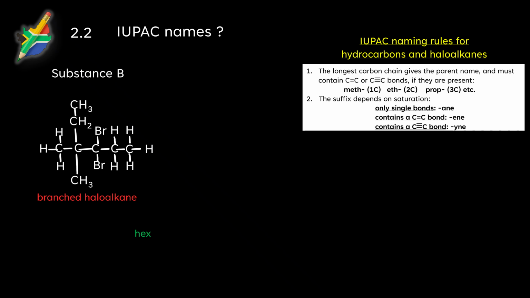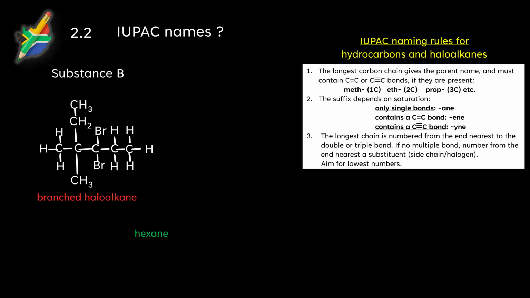Then the suffix after the root name depends on saturation. Saturated compounds have names which end in -ane. Alkene names end in -ene, and alkyne names in -yne. This compound is fully saturated with only single bonds between carbons, and so we have hexane.